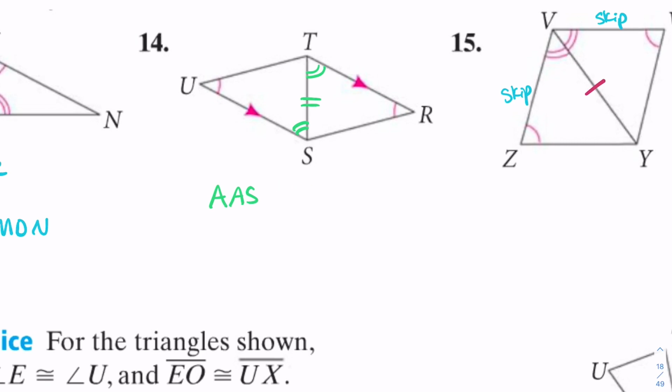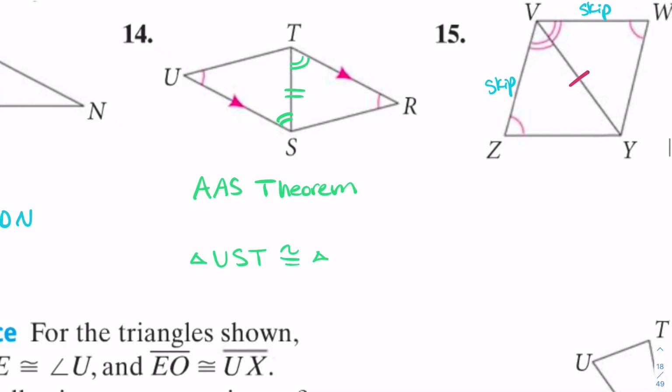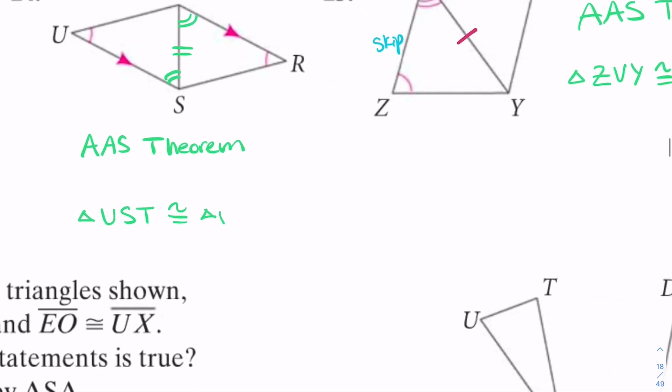It's probably the theorem, but it doesn't matter. And it's going to be triangle UST is congruent to triangle RTS. I'm going in the same order.